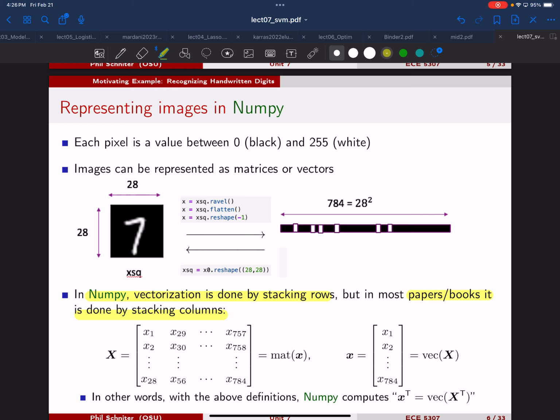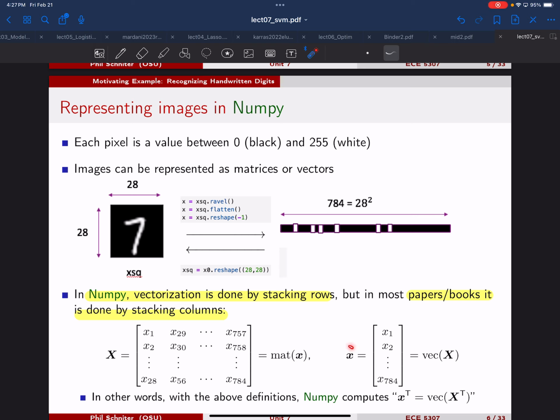Okay, so to be specific about the math, let's say that I have this matrix with these elements in it, and if I vectorize that matrix, so this is what the vec command is doing, it's basically taking this first column, and that gives you the first 28 entries of this vector, then the next column it stacks below that, and so on, until the very last element here is this element there.